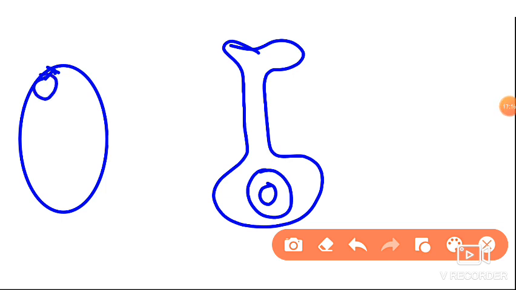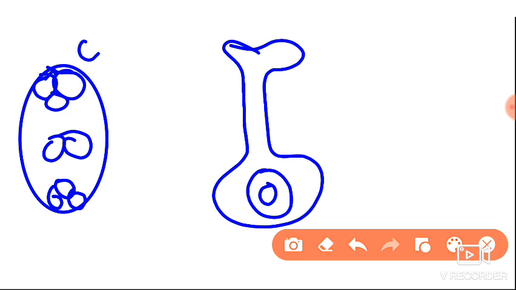When you observe the structure of this female gametophyte, there are a total of 8 cells, and among these some are present at the chalazal end, some at the micropylar end. These are antipodal cells, these two are synergid cells, and these two are polar nuclei.